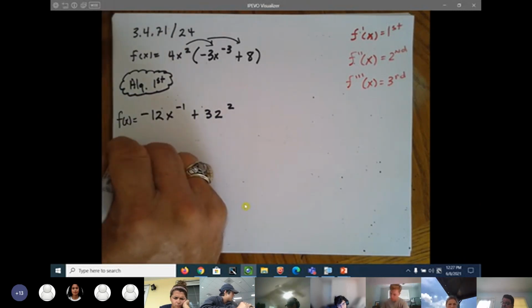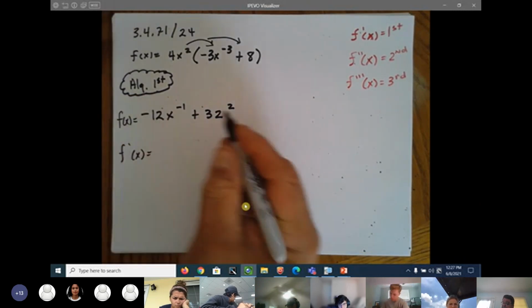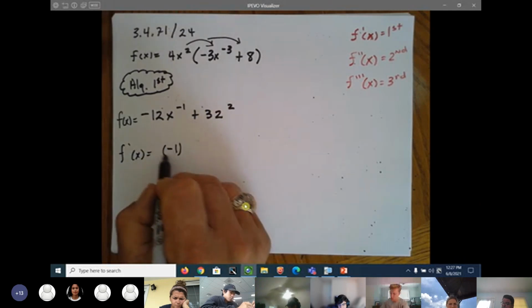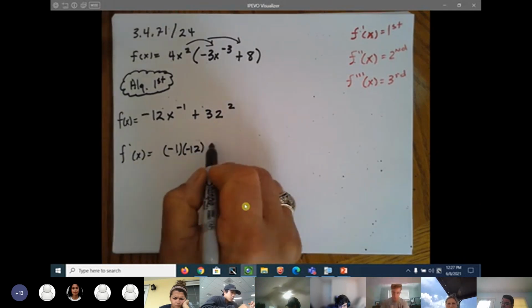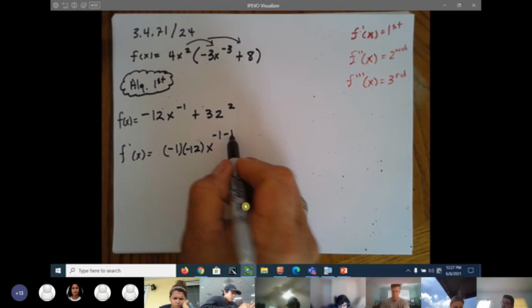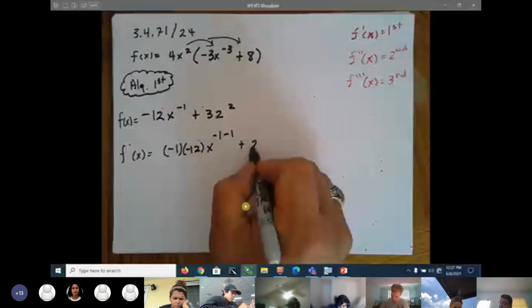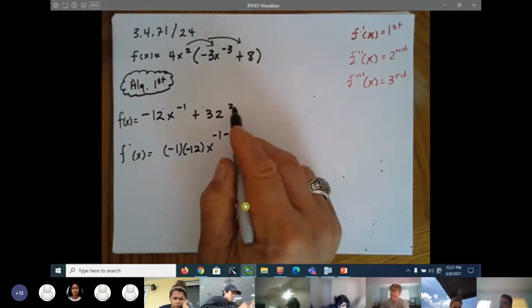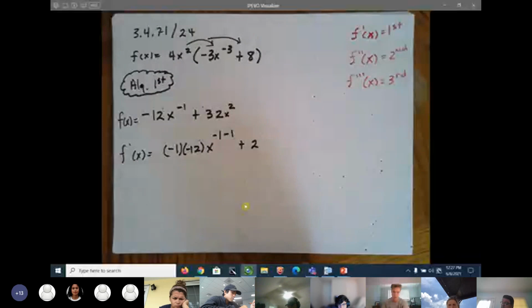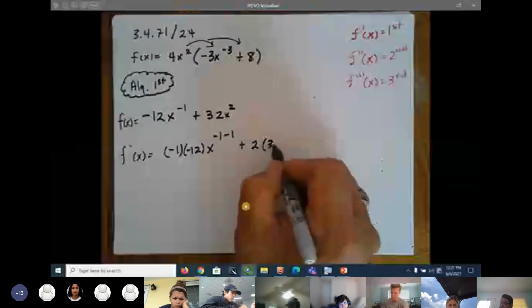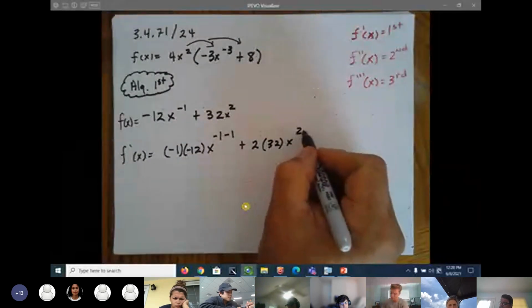So f prime of x is equal to negative 1 times negative 12 x to the negative 1 minus 1, which is x to the negative 2, plus 2 times 32 x to the 2 minus 1.